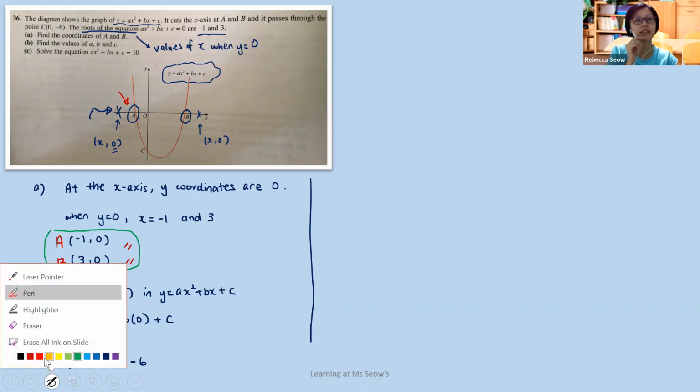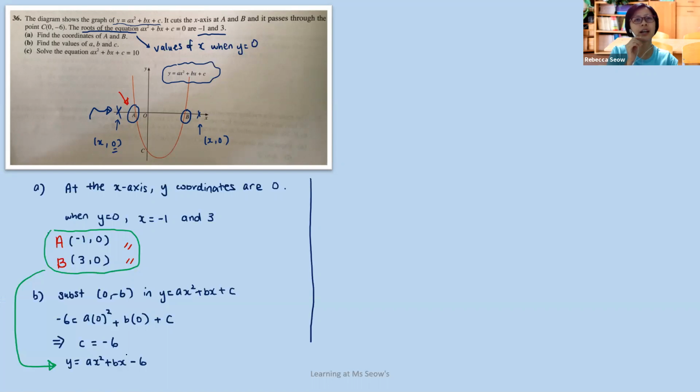Since we know that there are two unknowns, small a and small b, and there are two equations that can be formed based on the coordinates of A and B, if we substitute those into y, we have two equations with two unknowns. If you get my drift, we could solve it by simultaneous equations, as you learned in Secondary 2. So let's try this.